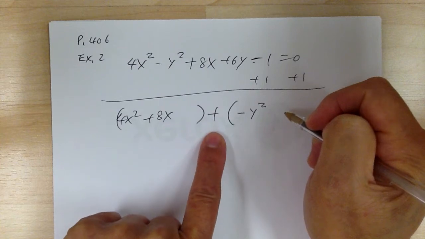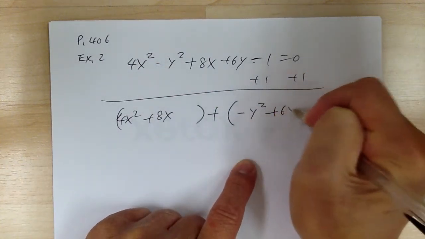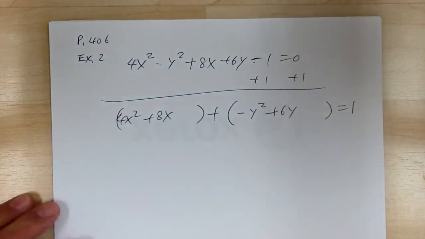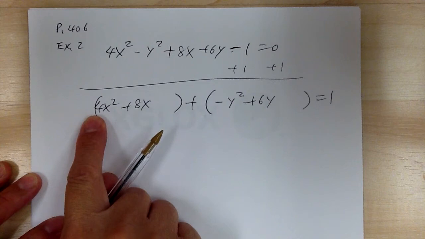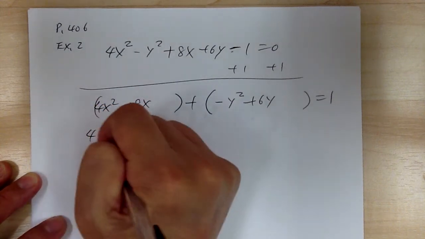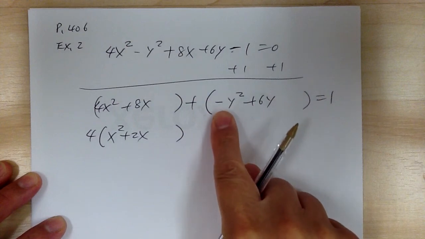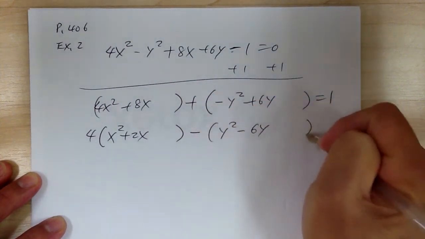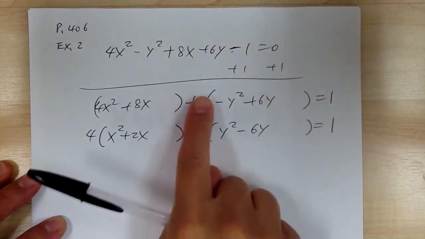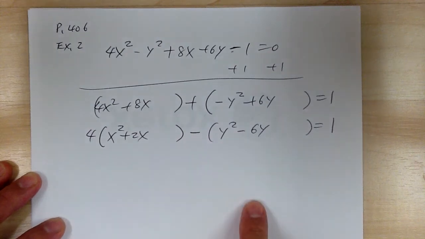Always put a plus between the groups and make the negative go along with that group, plus 6y equal to 1. The next thing you have to do is factor out whatever is in front. So factor out the 4, and for this one you have to factor out the negative. Make sure you do that so you can keep track of the sign. If you don't, your sign is going to get all messed up.